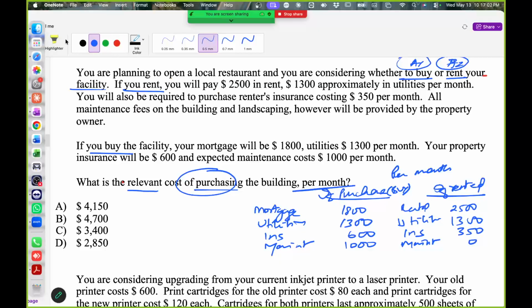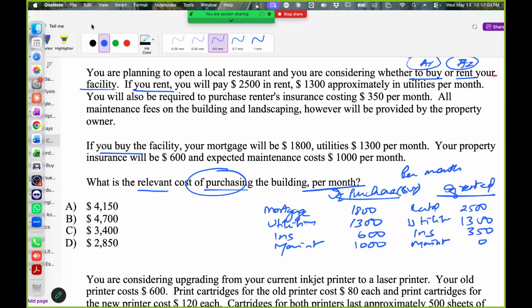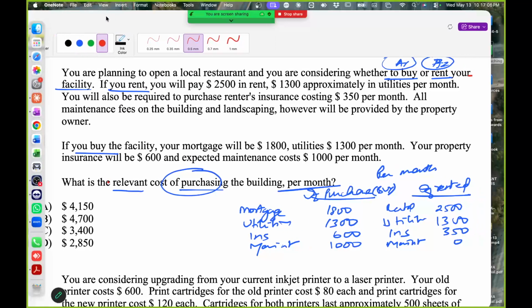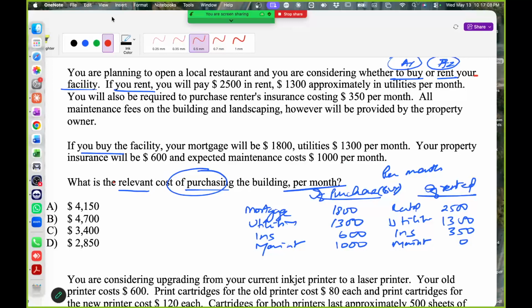Now coming back to the question, here in this column, what is the relevant cost of purchasing and incurring these costs and starting the local inn? What is the relevant cost?